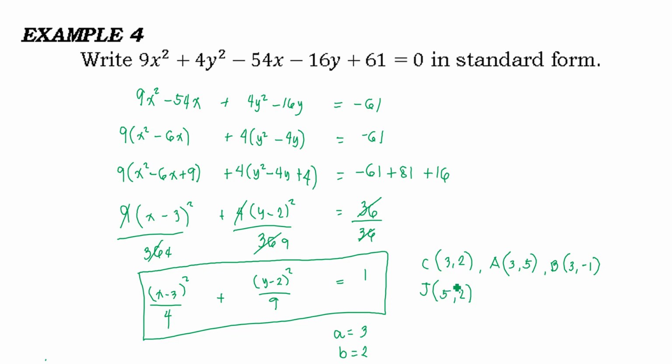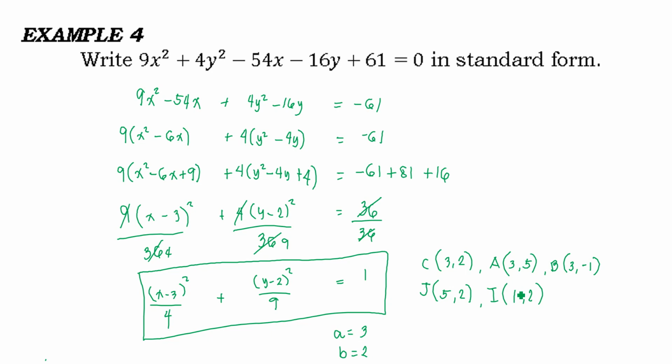Tapos si I, okay, copy the y coordinate of the center. So we have 2. Then the x coordinate of the center would be subtracted by 2, which is equal to 1. Okay, so these are the parts of the ellipse.